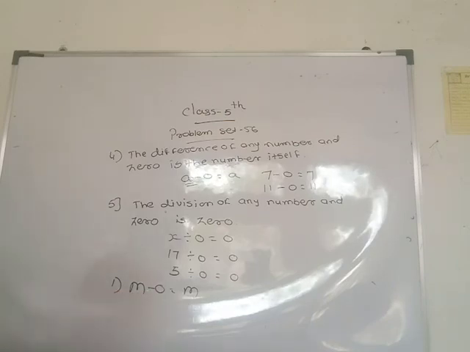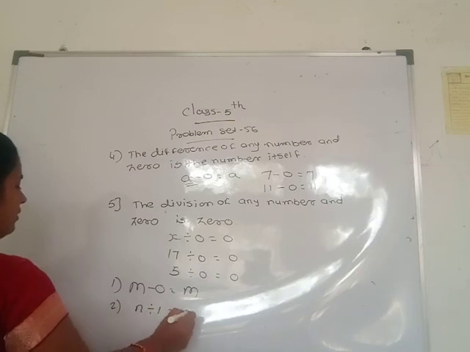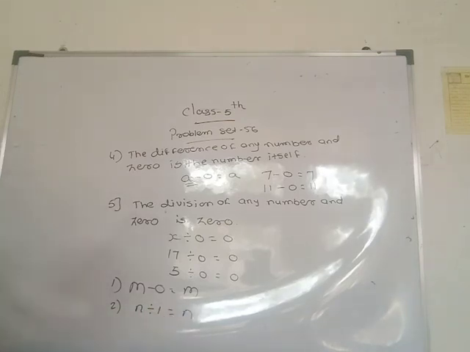Then next one, n divided by 1 is equal to n. The quotient of any number divided by 1 is the number itself.